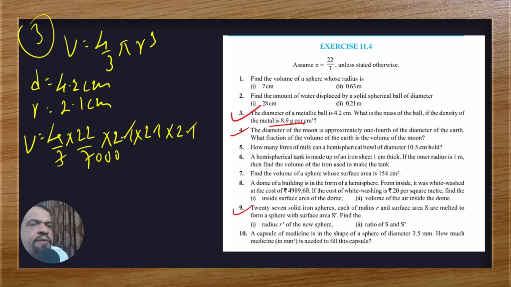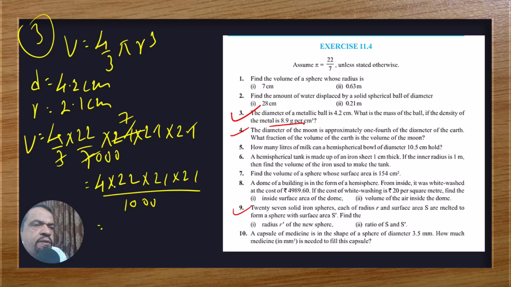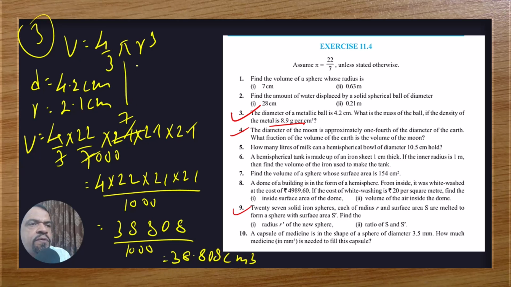Now 3 7s are 21, 7 7 cancel. 4 into 22 into 21 into 21 upon 1000. If we multiply all this, it comes to 38808 upon 1000. So it is 38.808 centimeter cube volume.